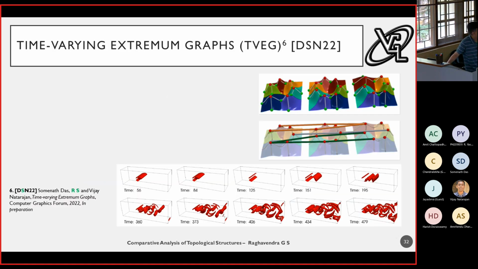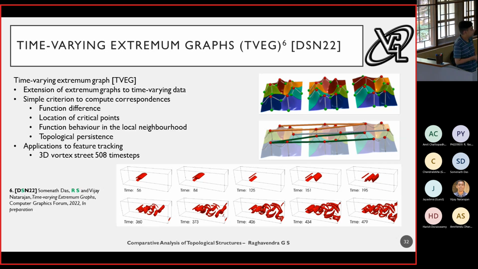Then I'll have one slide on the extremum graph data structure, which is the time varying extremum graph. This is a slightly different work compared to the other ones, but it's somewhat related.